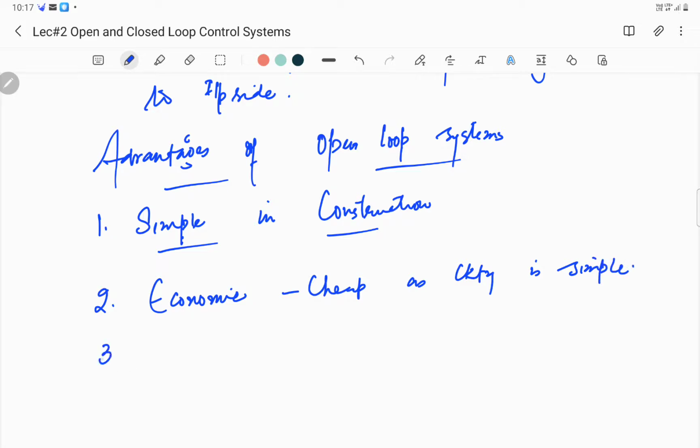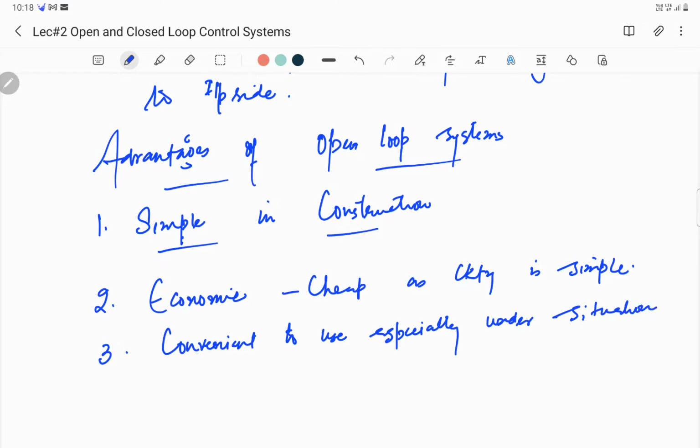Another advantage is that it is convenient to use, especially under situations where it is difficult to measure the output.